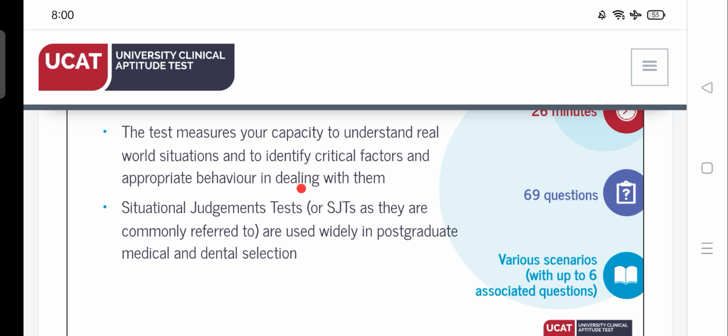Situational judgment tests, or SJTs, as they are commonly referred to, are used widely in postgraduate medical and dental selection. So in these types of questions, they will assess your ability to solve real world situations, what factors, what hints you will apply to solve these situations, how you're going to judge them.